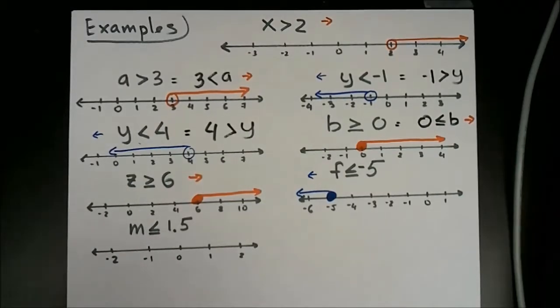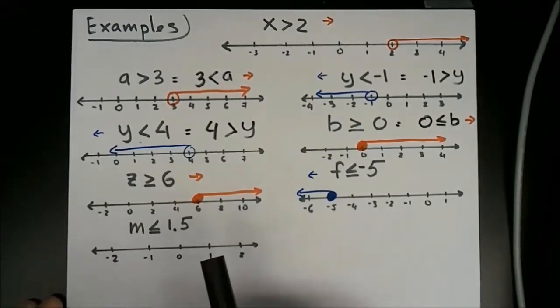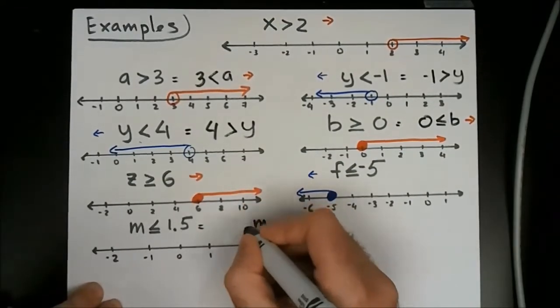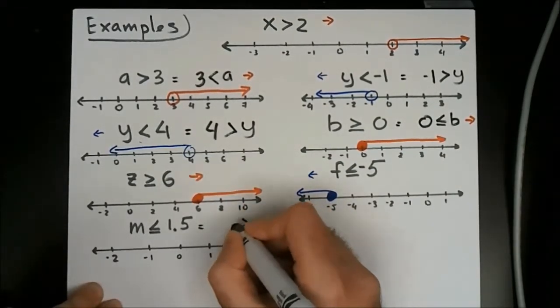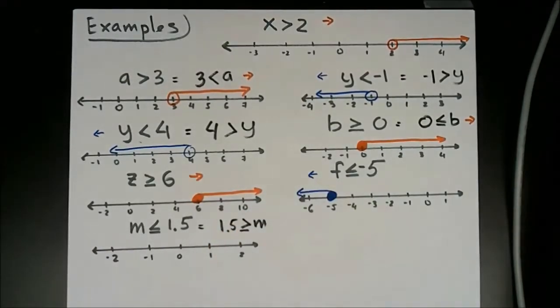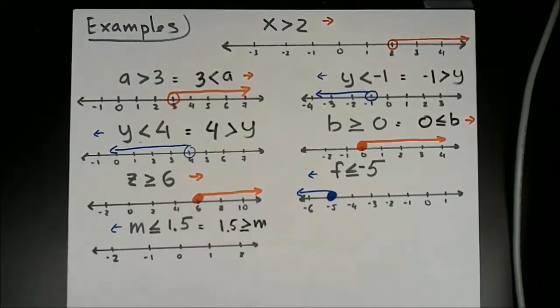My variable here is on the same side as the small or the pointy portion of the alligator symbol. Remember, I can write this as well. Same thing. Which way am I going if the variable faces the small or the pointy part of the alligator symbol? Left. My starting point? 1.5.